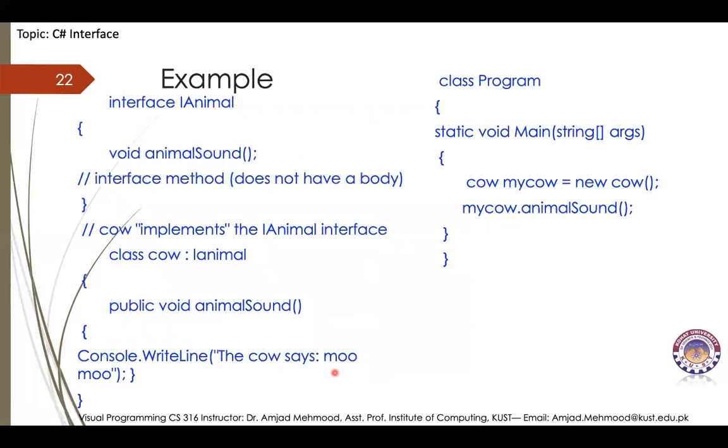Here you can see a code example where we have an interface Animal. This has a method animal sound, and as you know, this method is by default abstract and public.